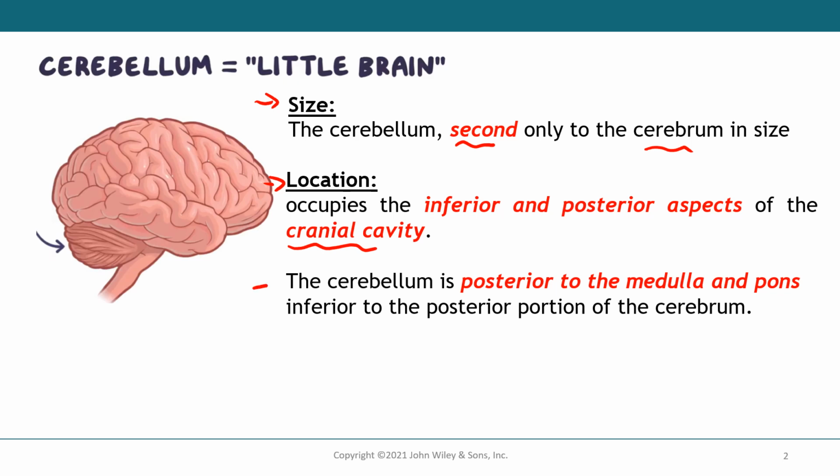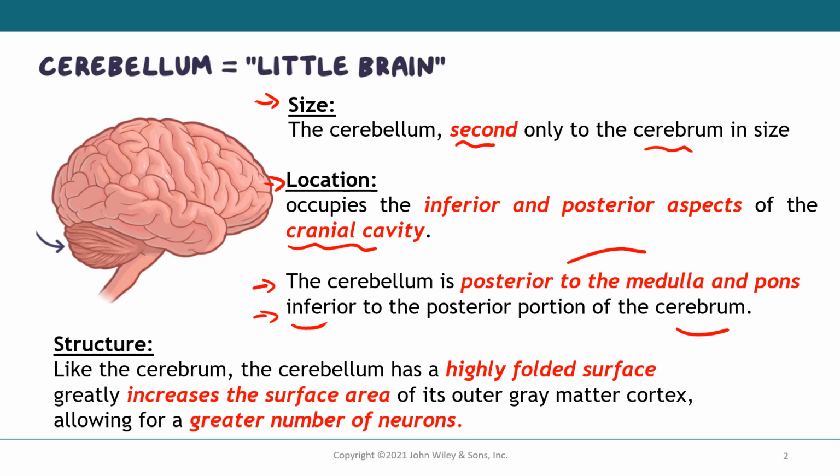You can also compare it to different parts of the brain, for example to the brain stem, where it is posterior, or to the cerebrum, using all the terminology that we learned in the first chapter.